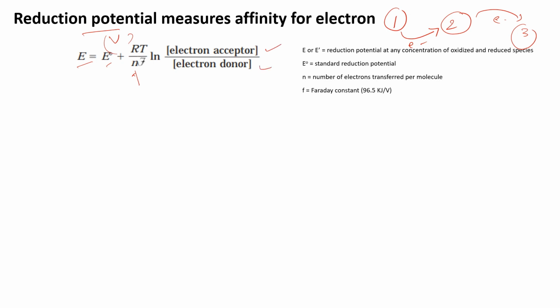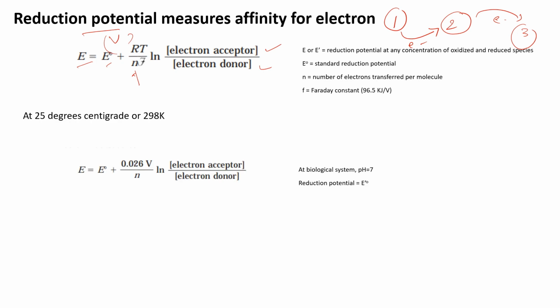So reduction potential depends upon the number of electrons transferred and also on the concentrations of electron acceptor and donor. At 25 degrees centigrade, as R, T and F are constants, in place of R, T and F we can directly put the value of 0.026 volt. We are talking at biological pH 7, because the pH of our cell is 7.